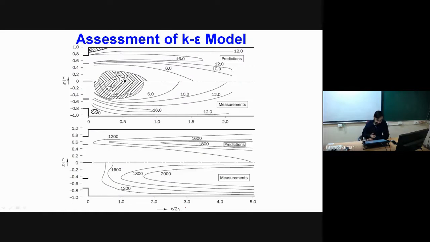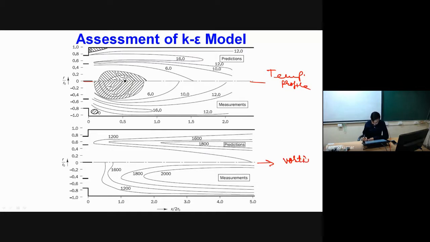Okay, now this is assessment of the K epsilon turbulence model. So you can see over here we are having first one as some temperature profile, and second one is some measurement of, I think, vorticity.